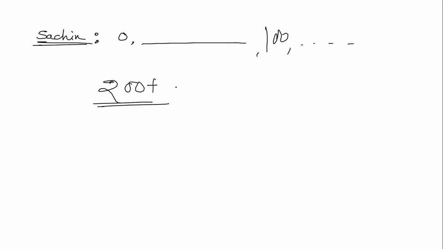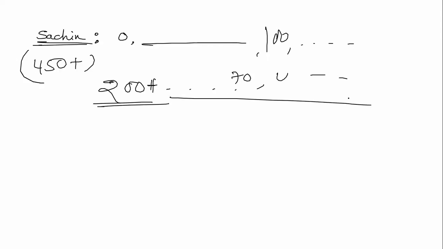Then his first century came in, I think, his 89th or 90th match. After that came so many, and in one of the matches he scored 200 plus, I think against South Africa. So many scores between zero and so many, 450 plus innings are there, and this is the raw data of that.